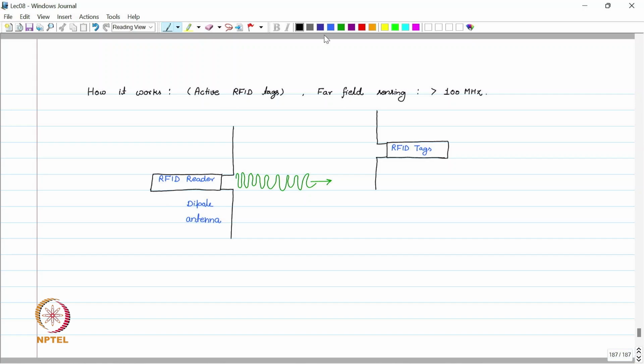Now this RFID tag uses internal power to send the information which is stored in this RFID tag, for example this information. Now this information will be modulated with high frequencies so that it can be transmitted through this antenna.